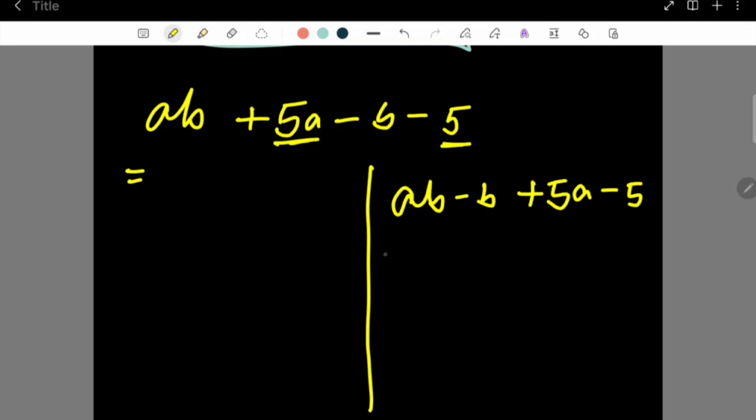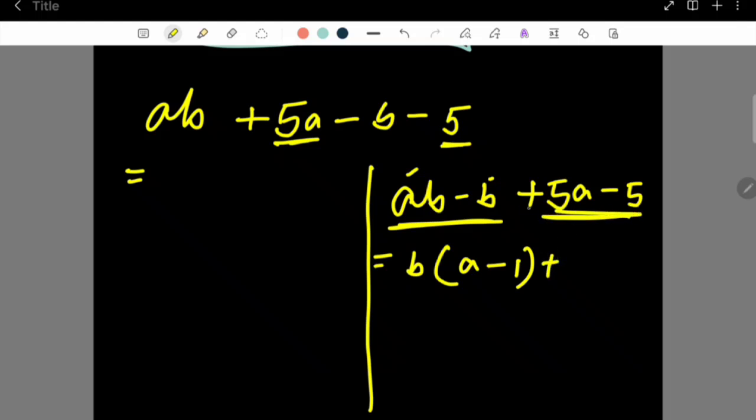Now if we do so, from this group b is coming common, so what is left over? Here a, and minus, then here nothing, b is gone, so 1. Same from here, as there is a plus sign, if you take 5 common, the leftover thing is a and here minus 1.